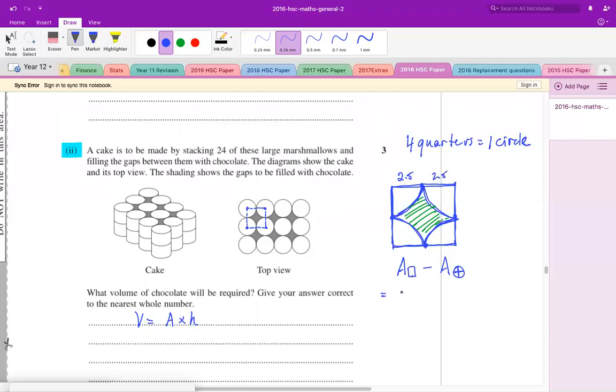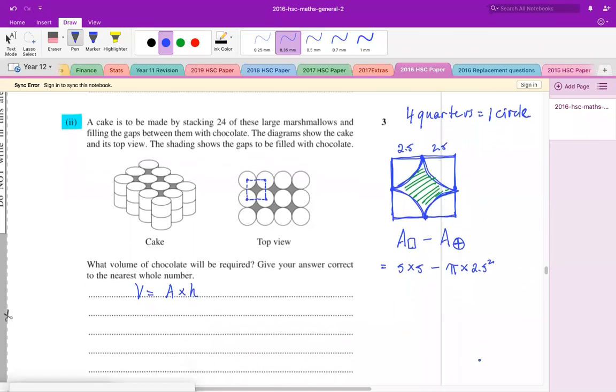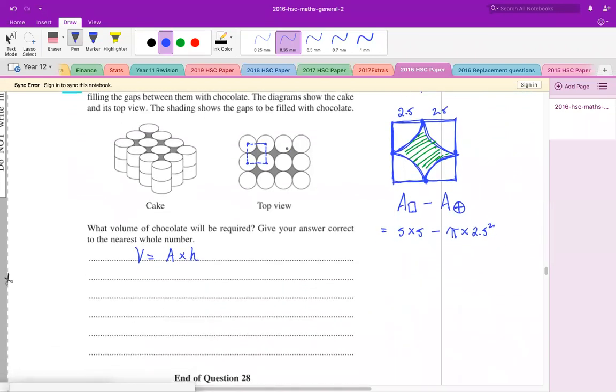So it's going to be a 5 by 5 square minus the area of the circle, pi r squared. R is 2.5 squared. So that's one of them. And you have 6 of the same weird shapes, right? So it's going to be 6 times that.